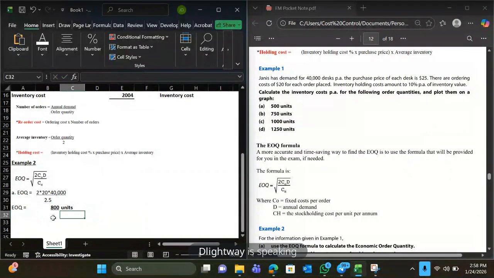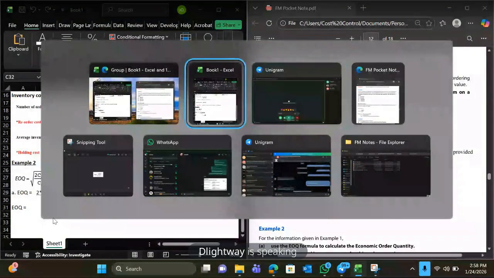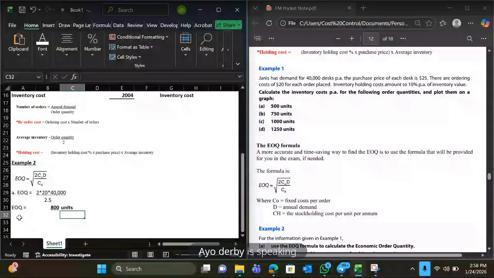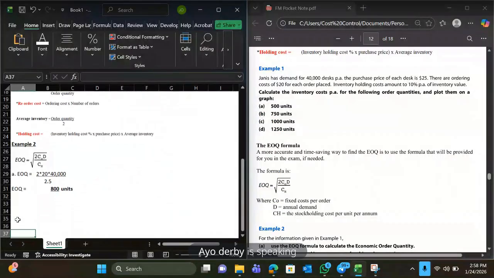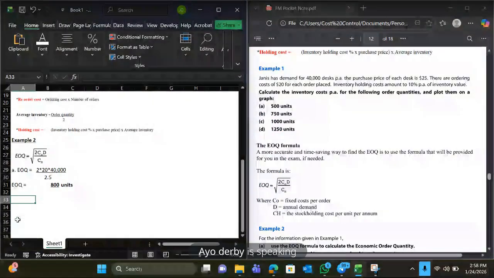AY, hope you got it. You got it right? Yes, I did. I just wanted to hear from you. I did this first without putting the square root over everything, so I got 800. But if you put everything under the square root, divided by 2.5, you get a different answer.